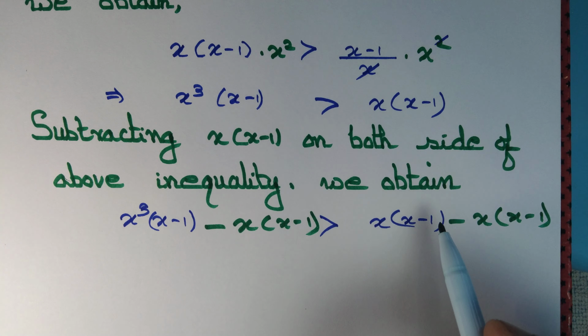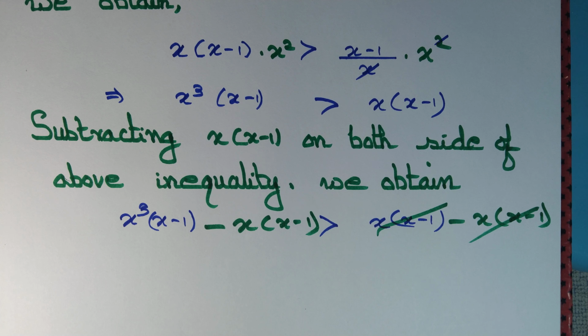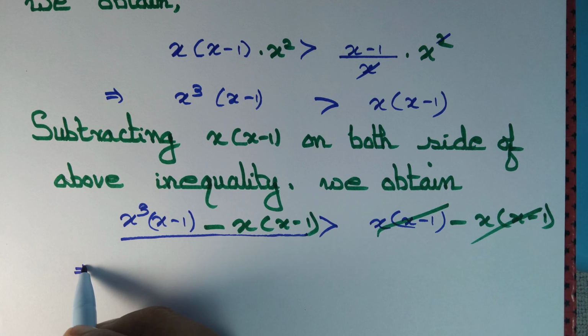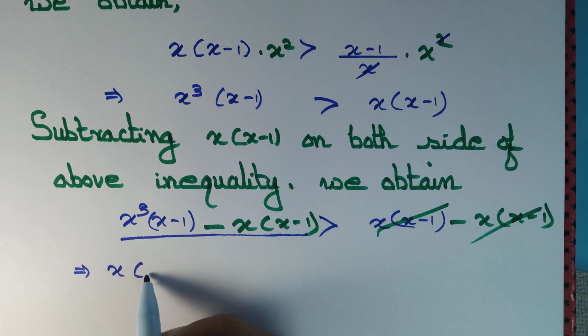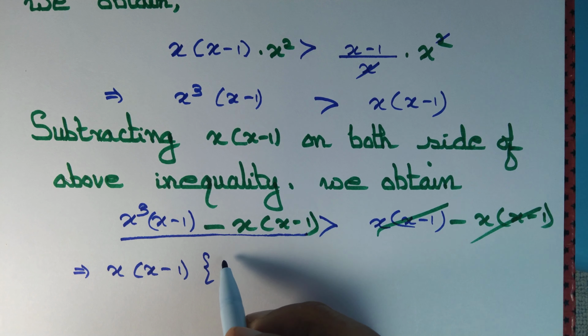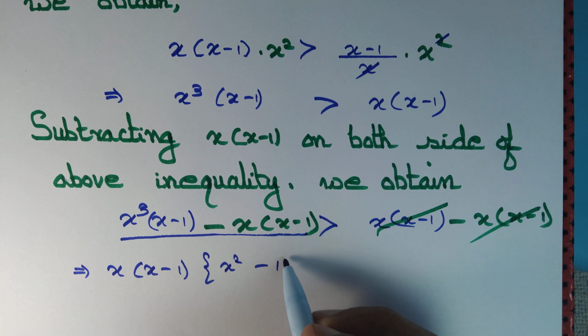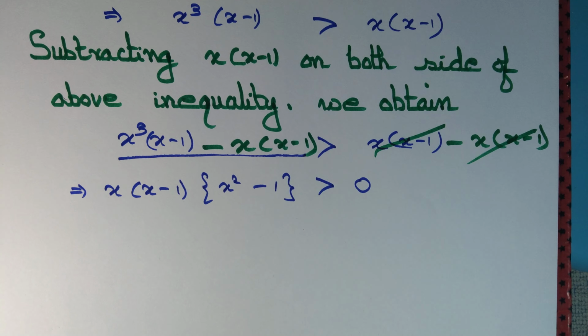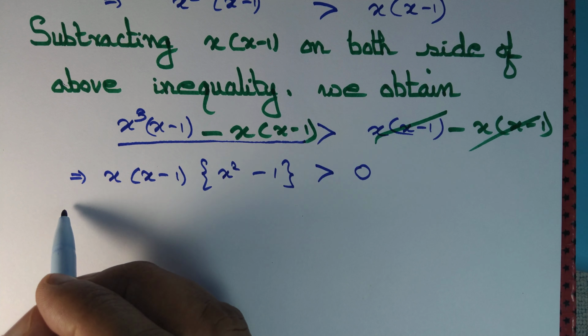You see x into x minus 1 gets cancelled, and from this expression we can take x into x minus 1 common. When we do so, we are left with x square minus 1 is greater than 0. 2 minus 2 is 0. Anything minus itself is 0.